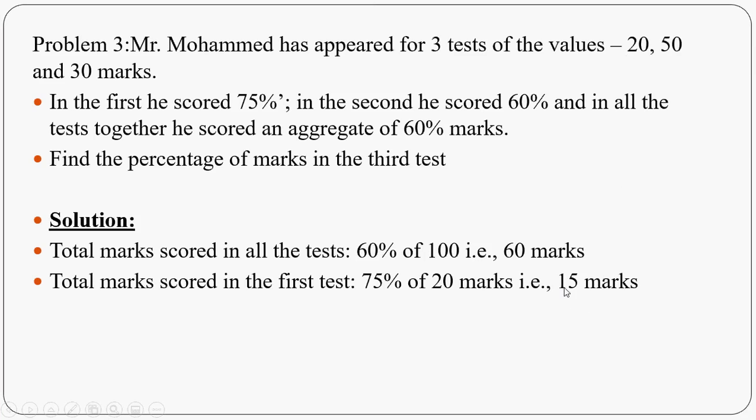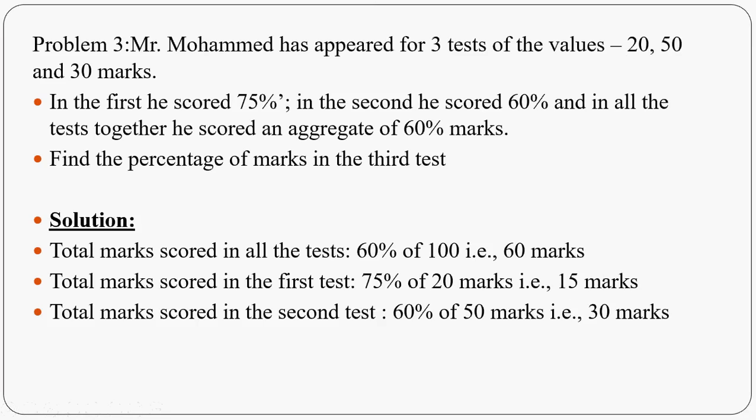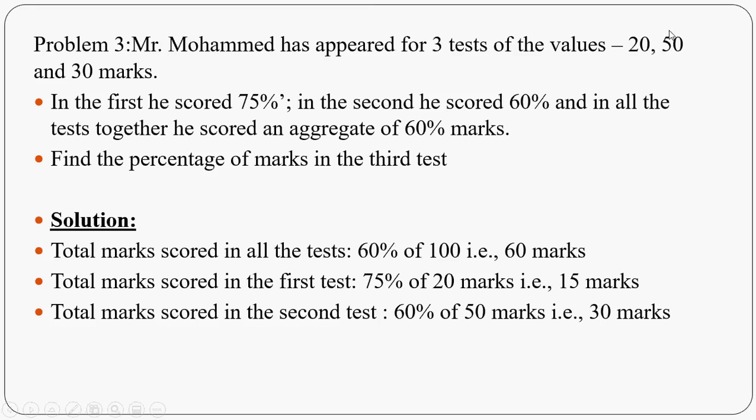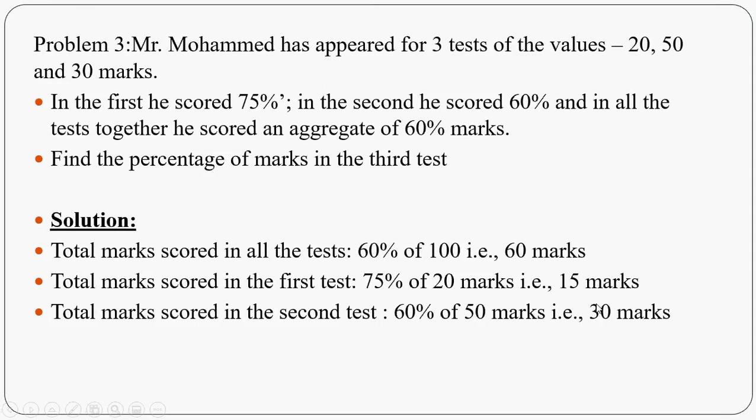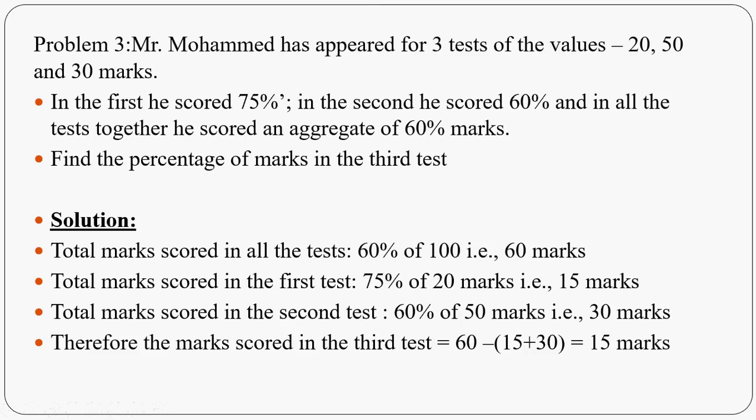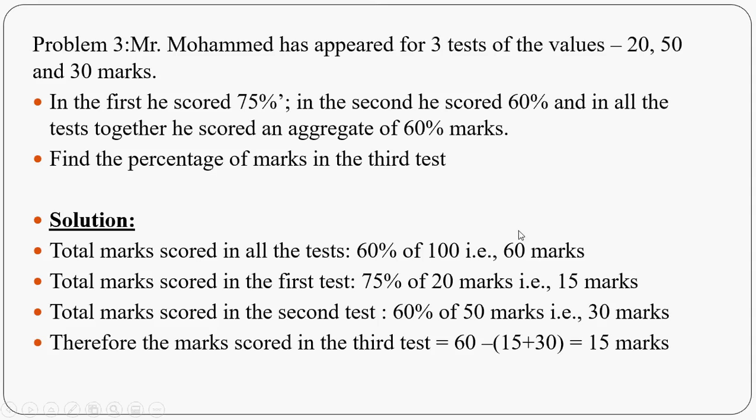Now we need to take total marks scored in second test. Second test, as usual, it is given 60, but the mark here is 50. So 60 percentage of 50 will give you 30. Now what to do? The next step, we need to calculate the marks scored in the third test. 60 is the mark scored in all, that we need to take.